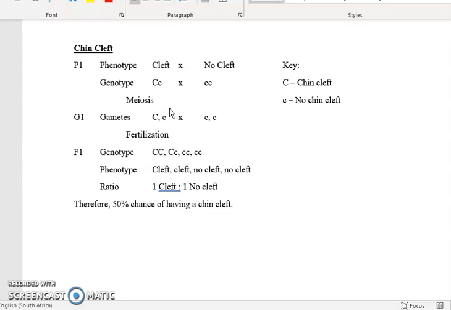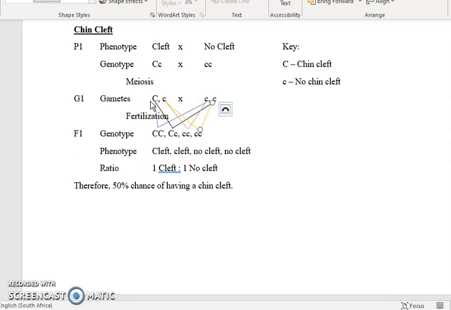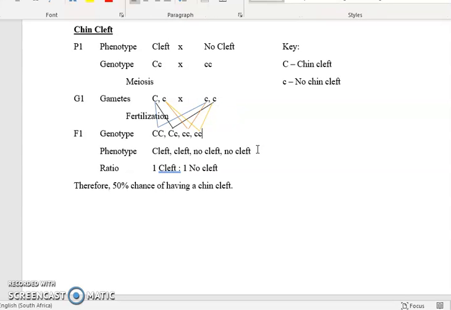Then meiosis took place and we resulted with having gametes of alleles capital C, little c, crossed with little c, little c. So from there, fertilization took place, and once again we follow our blue lines, our black and red and yellow lines to get capital C, capital C, capital C, little c, little c, little c, and little c, little c. And our phenotype was 2 having clefts and 2 having no clefts.